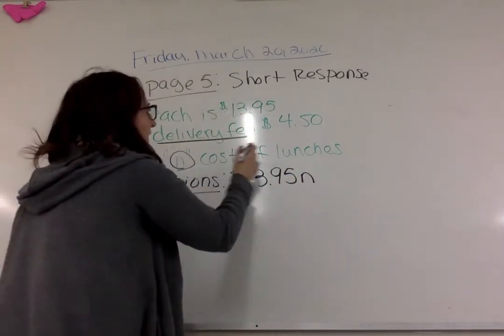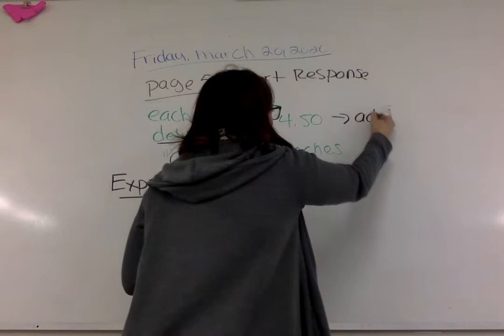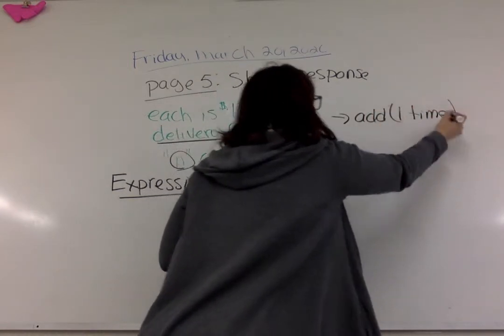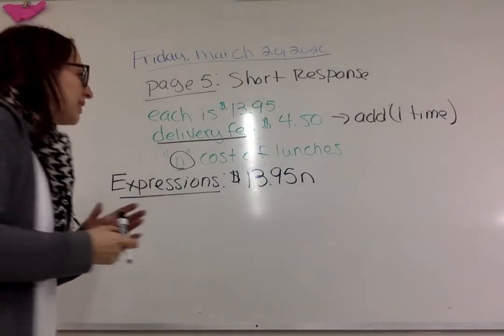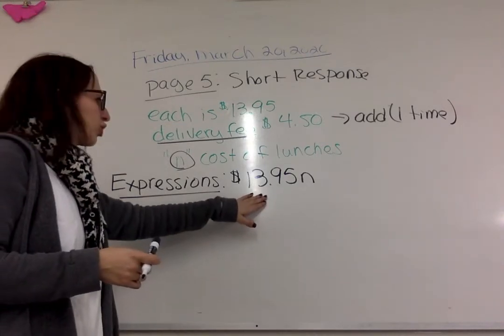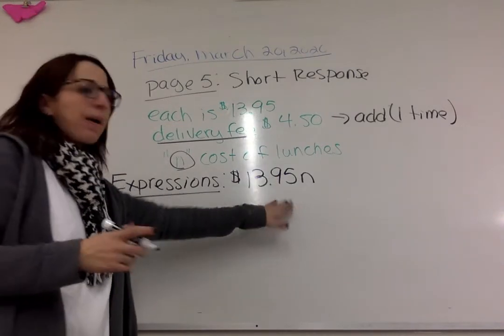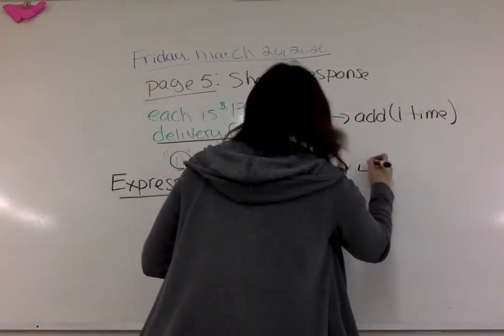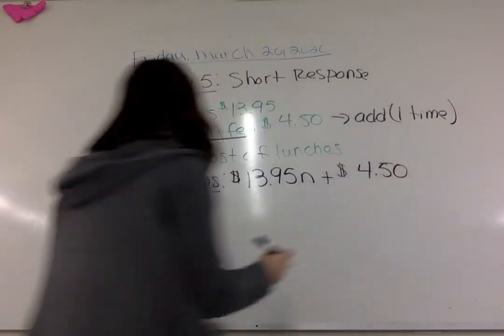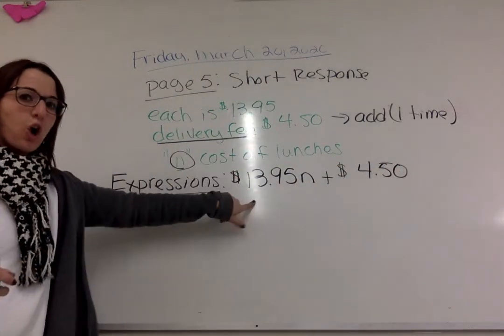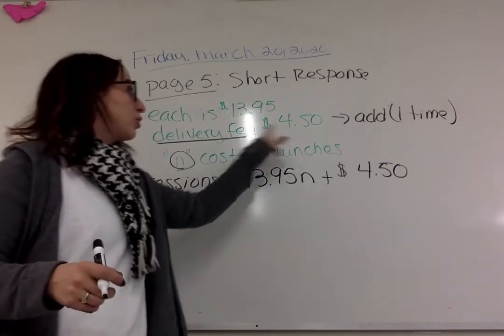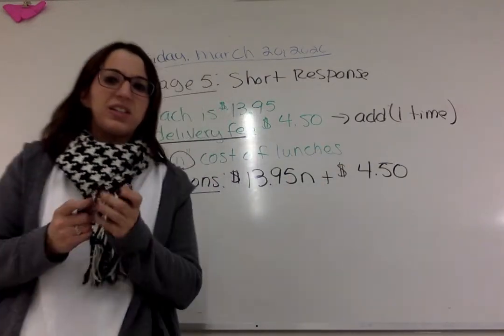And the delivery fee is something that we add one time. A fee is only added one time. So I'm going to take the cost per lunch, which is $13.95 times the number he buys, and I'm going to add it to $4.50. That is my expression. This represents the cost of lunch times the number that he gets, added to the delivery fee of $4.50.